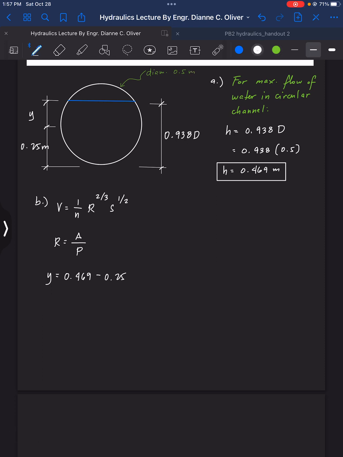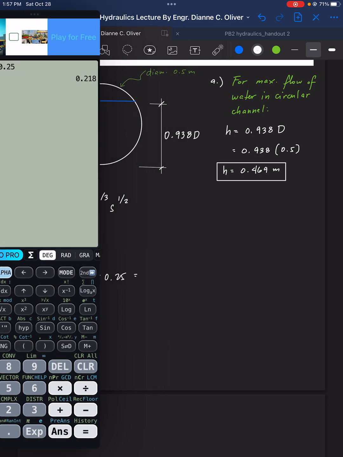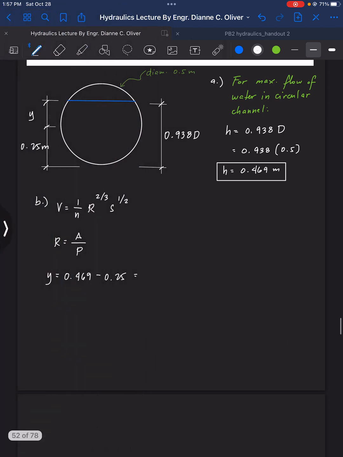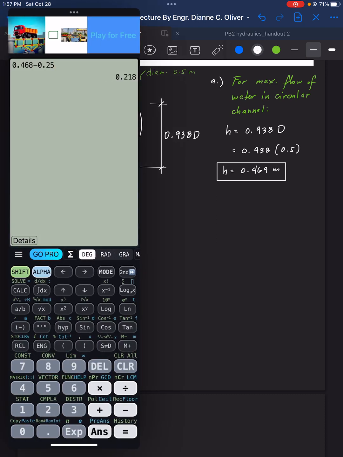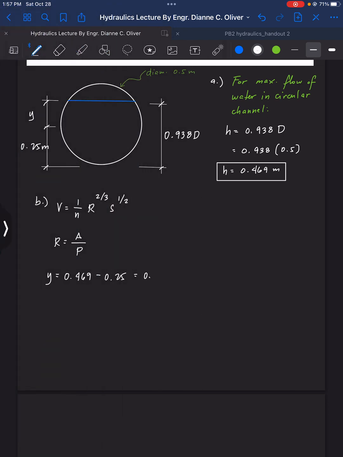So y now is equal to 0.469 minus 0.25, so 0.219 meter.